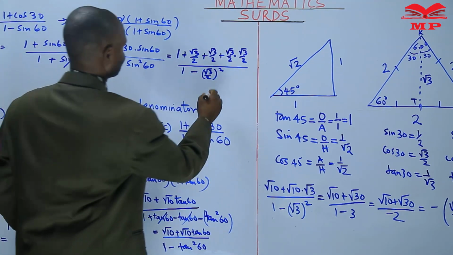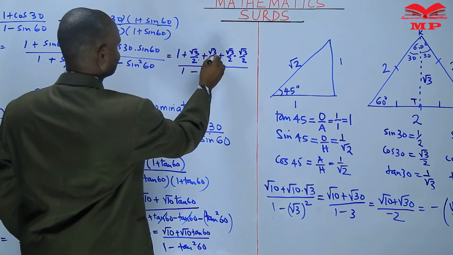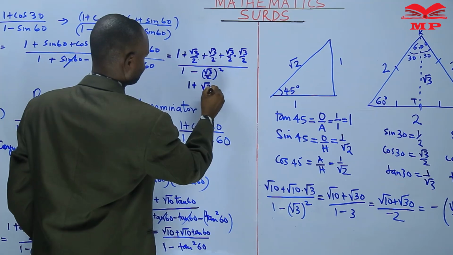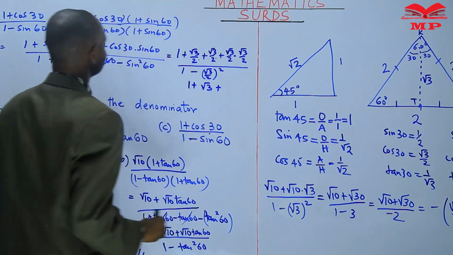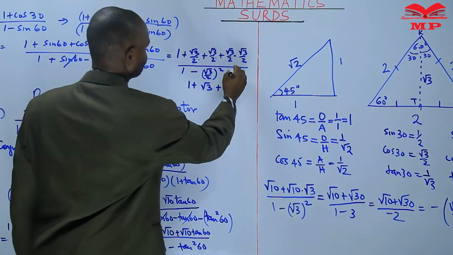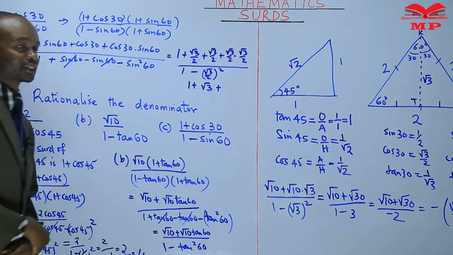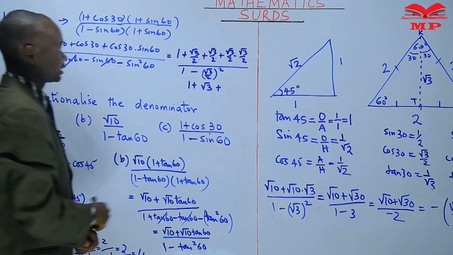So you'll add this to this, and you remain with 1 plus square root of 3 plus, when you multiply these two, square root of 3 times square root of 3, you'll get square root of 9, which is 3.